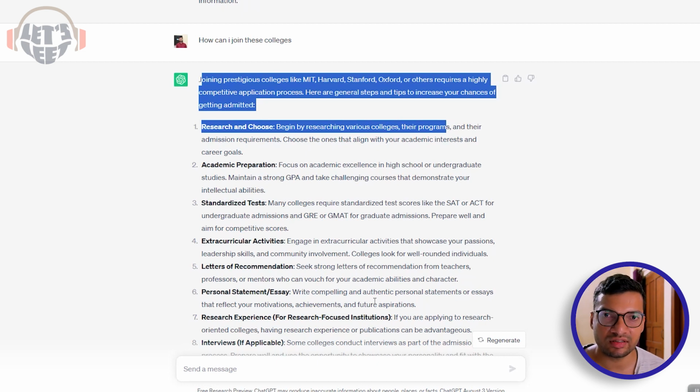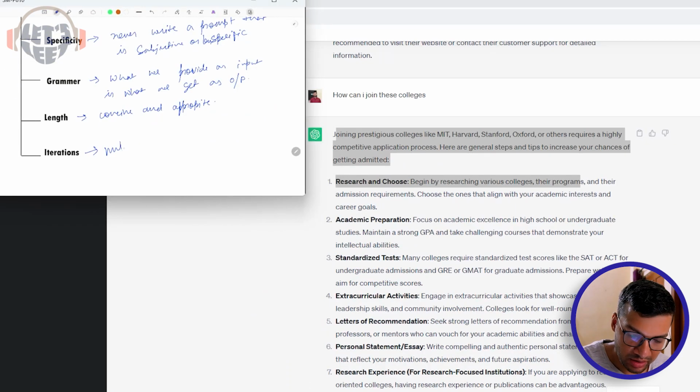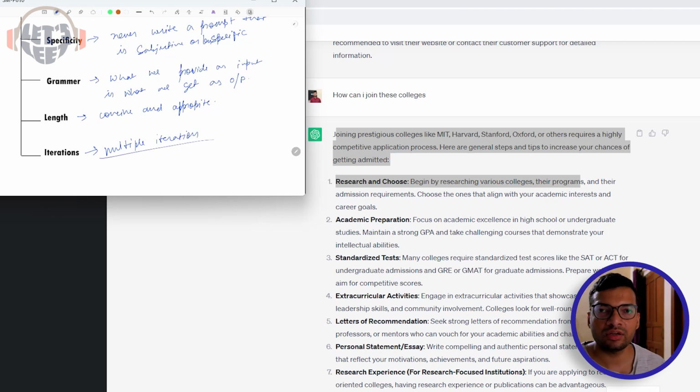You can do as many iterations as needed until you get your exact answer, or the answer you are looking for. So multiple iterations basically. All right, multiple iterations. All right. So these are a few points which we need to keep in mind while developing our prompt to get the answers in the right direction.